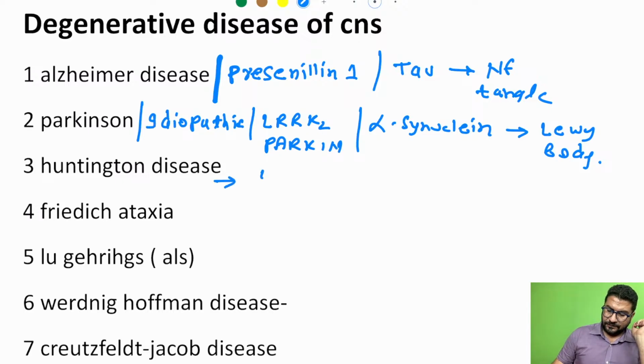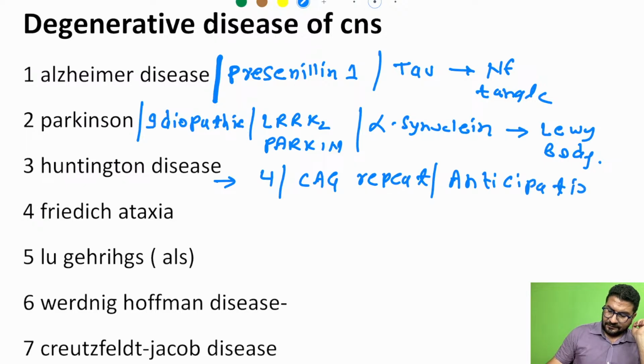I told you chromosome 4, CAG repeat, and the patient will have anticipation. Anticipation means as generations advance, the disease occurs early and with more symptoms.